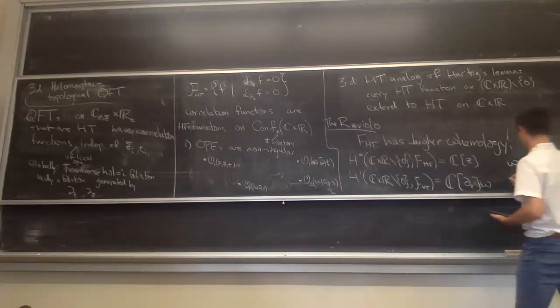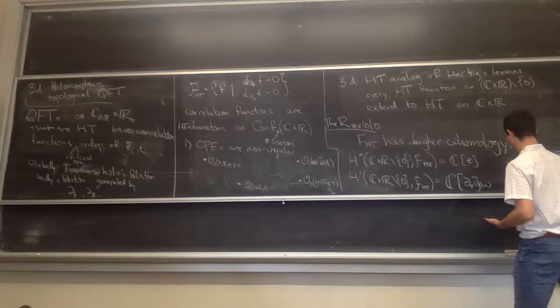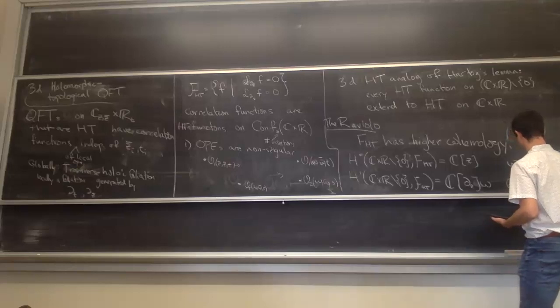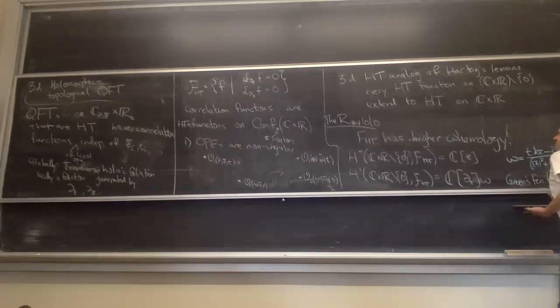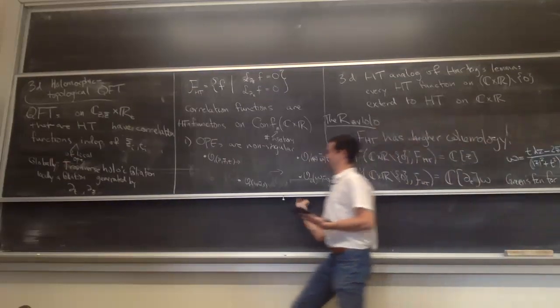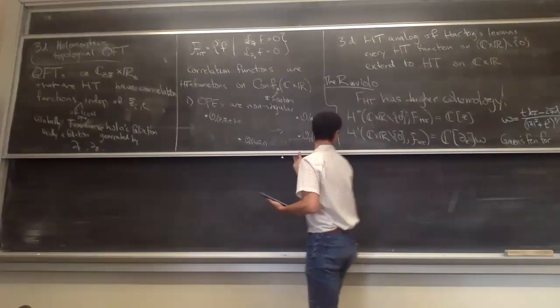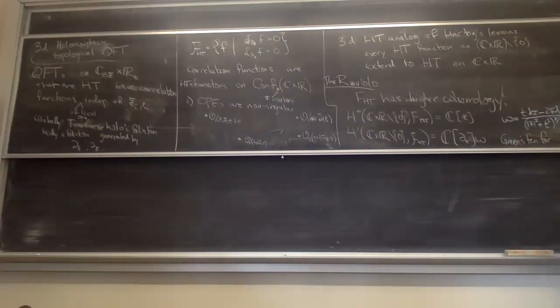Okay, this is a Green's function for... I'll write it this way, but it's a little bit of a lie. And if you'd like me to explain the correct statement, I'm happy to.